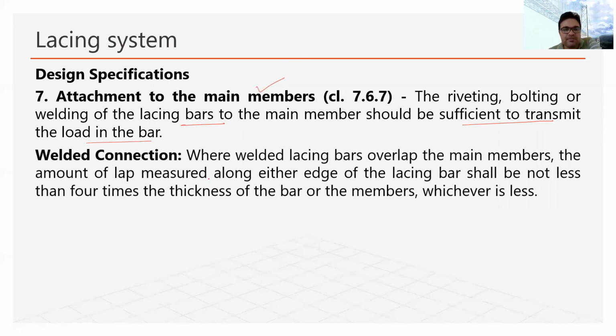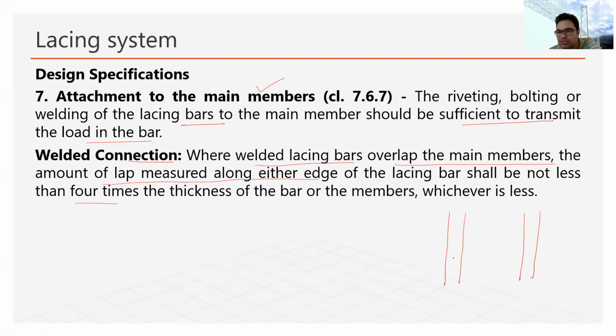And also it says, in case of welded connection, where welded lacing bars overlap the main member, the amount of lap measured along either edge of the lacing bars shall not be less than 4 times. Like it says here. For example, this is one component and this is another component.